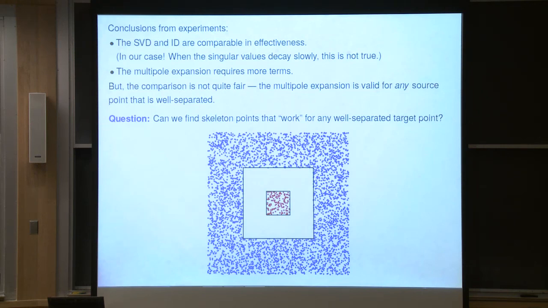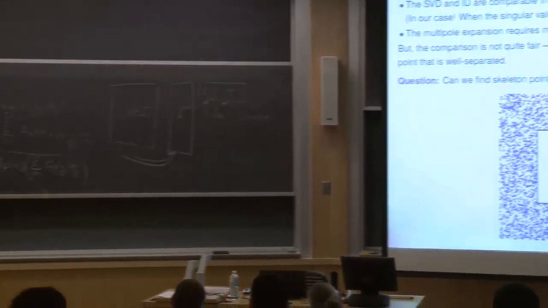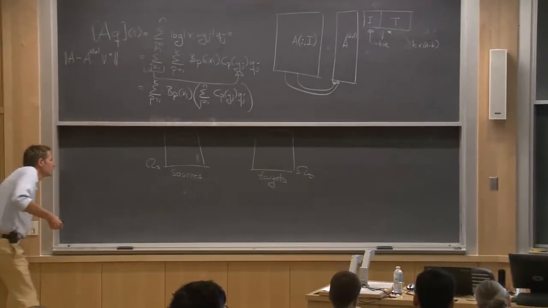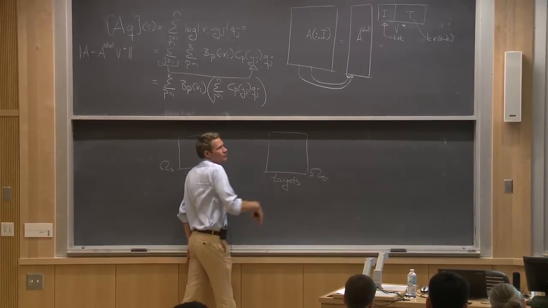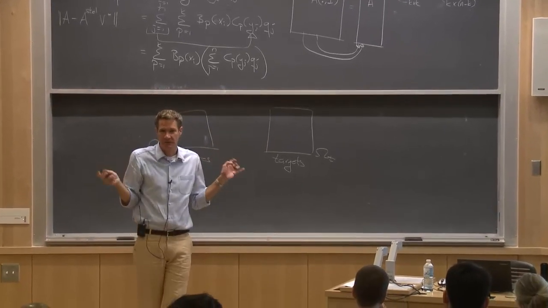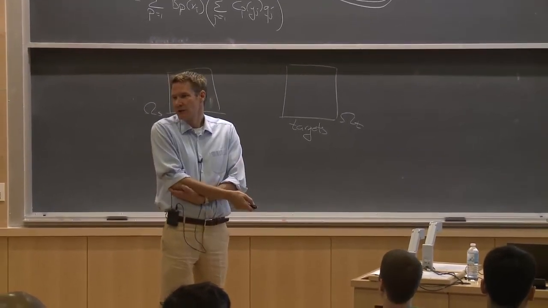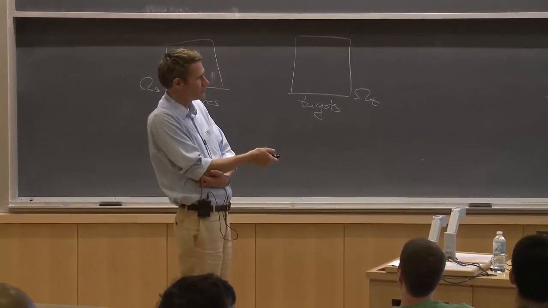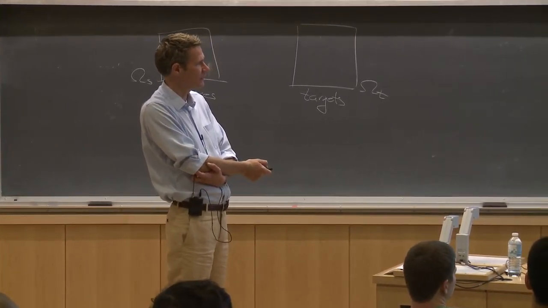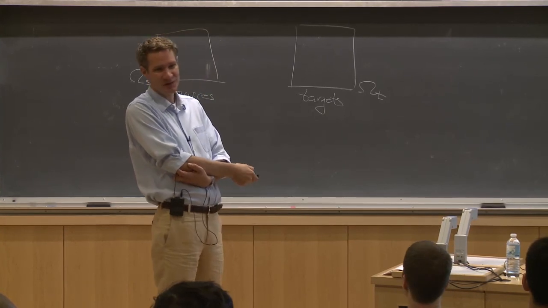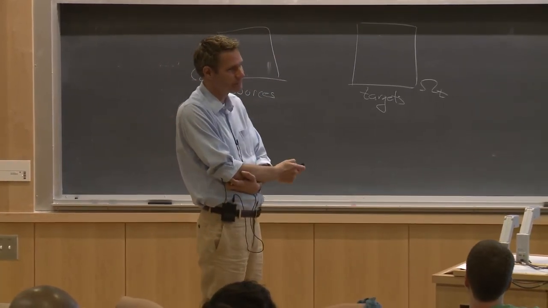So I computed an expansion that's really only good for evaluating potentials over here. What if I have potentials all over the place? And what if I don't know the potential locations in advance? Can I still do a skeletonization of this box? A priori, it looks a little hard, right? Because in principle I would need to do an ID of an infinite matrix or something.